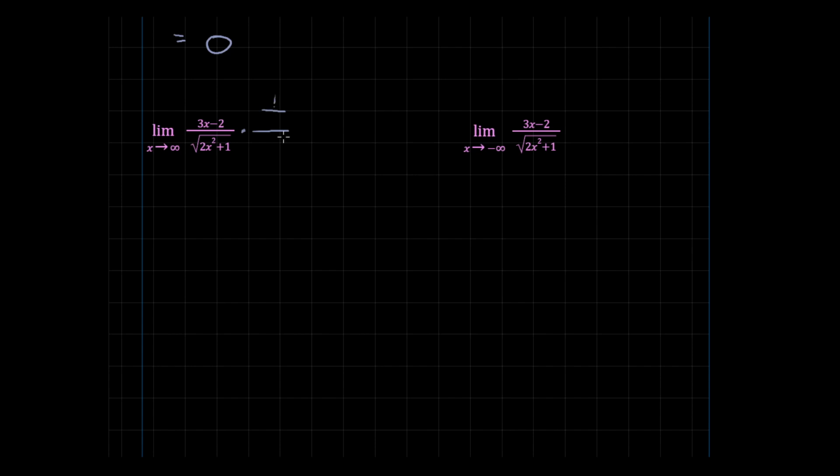So I'm going to divide by 1 over x, but on the bottom, I'm going to do square root of 1 over x squared. Actually, this is technically absolute value. But since x is going to infinity, that's positive anyways.